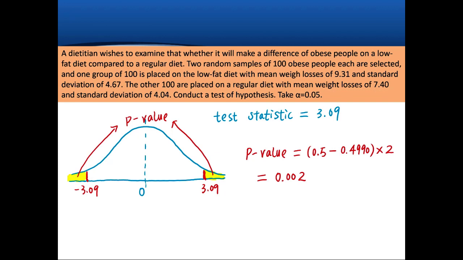And the result is 0.002. And after that, we compare to alpha. The 0.002 p-value is smaller than alpha, which is given as 0.05. So the decision is reject H0 because the p-value is smaller than alpha.